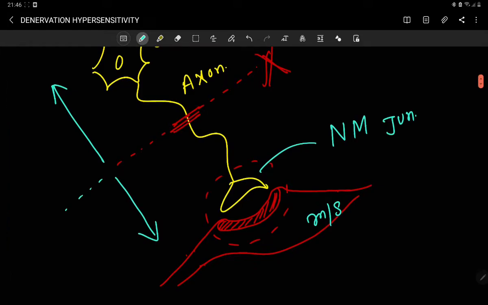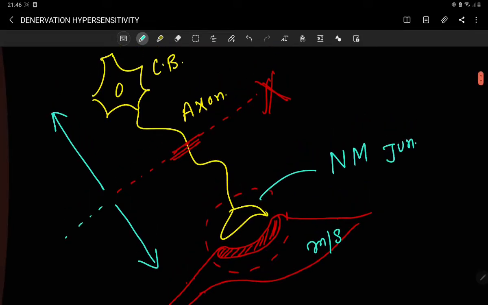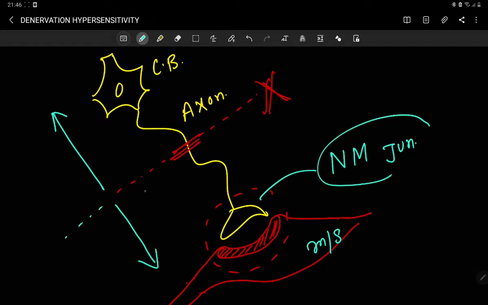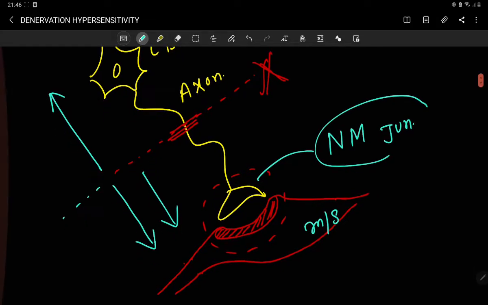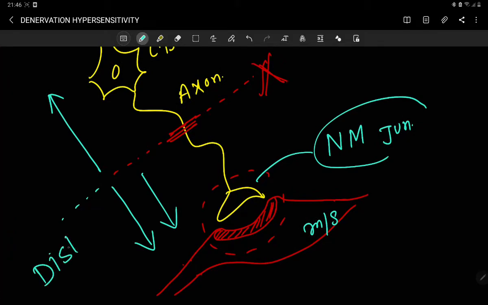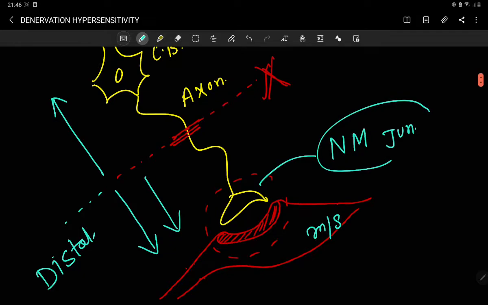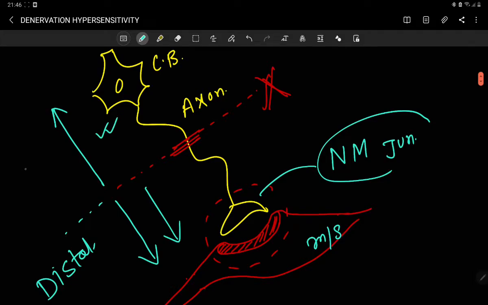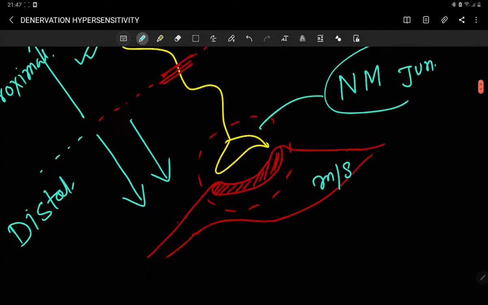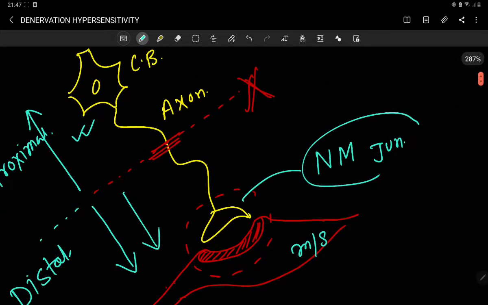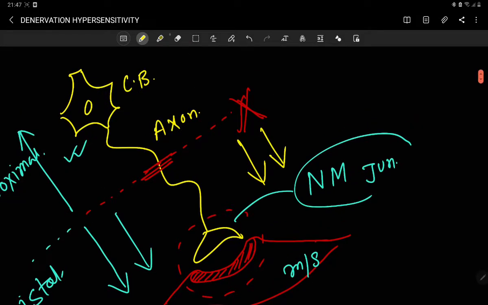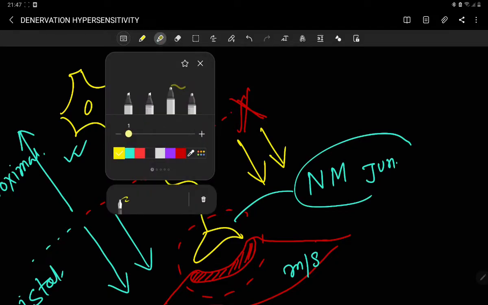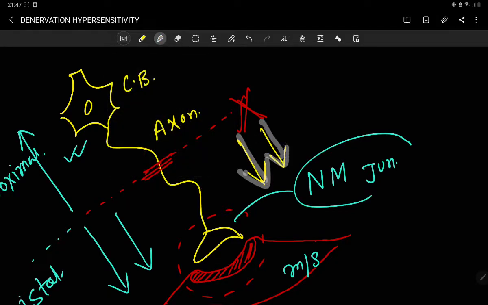The changes occurring towards the neuromuscular junction are called distal changes, and the changes occurring at the cell body region are called proximal changes.